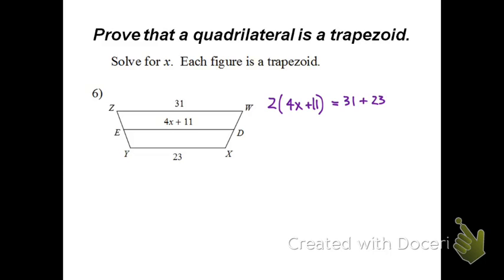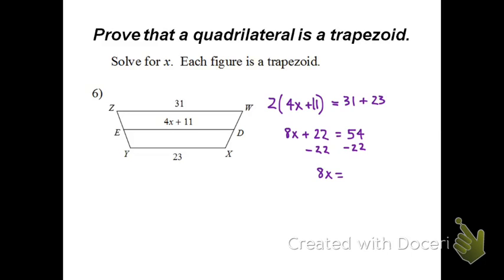Now we can solve. So we distribute. We get 8x plus 22 is equal to 54. Okay? Continue solving. Subtract 22 from both sides.